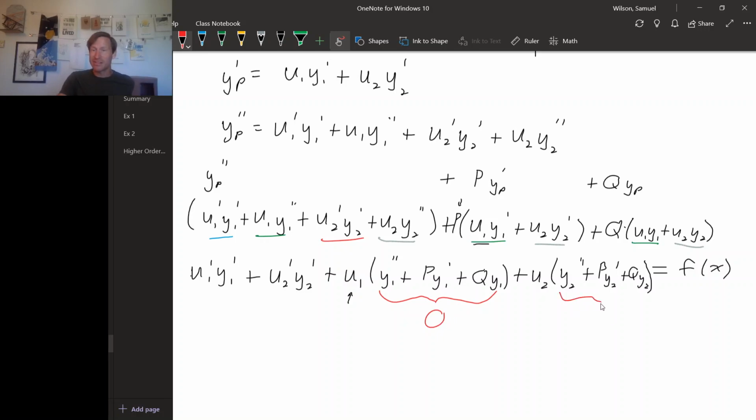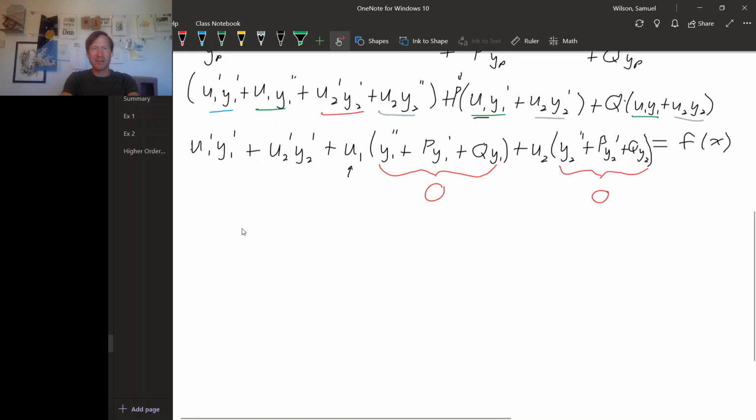By the same token, the stuff in the second set of parentheses also adds up to 0. So what looked to be a huge mess at first actually comes out to be just u1 prime y1 prime plus u2 prime y2 prime equals f of x.